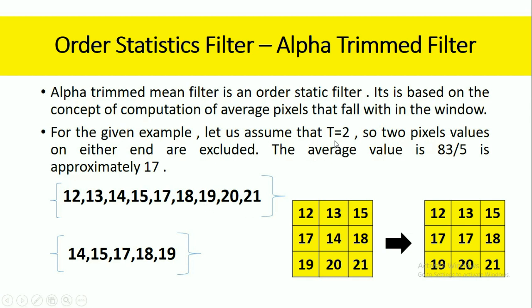Here we are taking t equal to 2, so 12 and 13 are removed at the left side and 20 and 21 are removed at the right side. We get the pixel list 14, 15, 17, 18, 19. The average of these pixels is 83 / 5, which is approximately 17. This 17 replaces the center pixel value 14. This is the alpha trimmed filter.